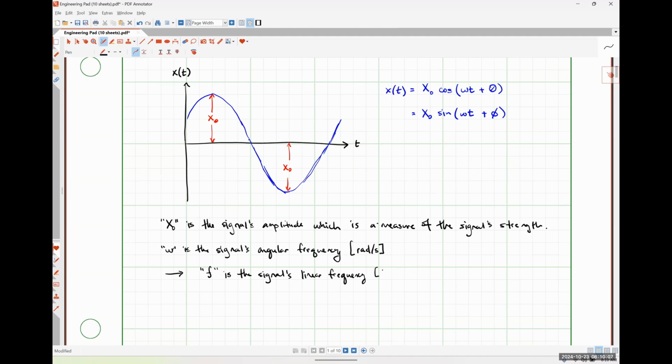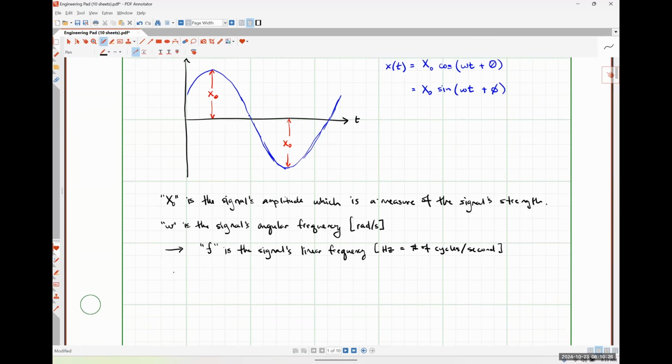Where linear frequency is measured in hertz, where a hertz is simply the number of cycles per second. Okay.